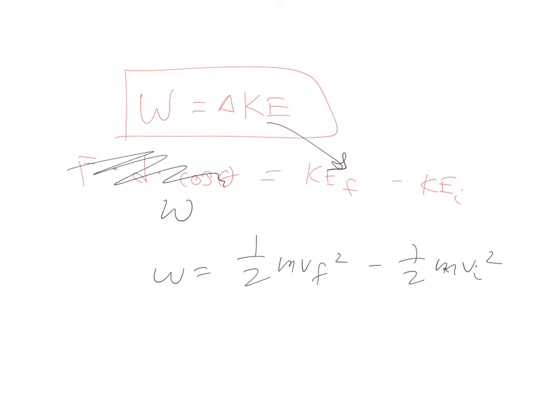The work kinetic energy theorem needs to be known. If I asked you to find the force of friction in this problem, you would have to plug in F d cosine theta, plug in all this other stuff, and then solve for F. That's the force of friction. You would have to be given the distance traveled.